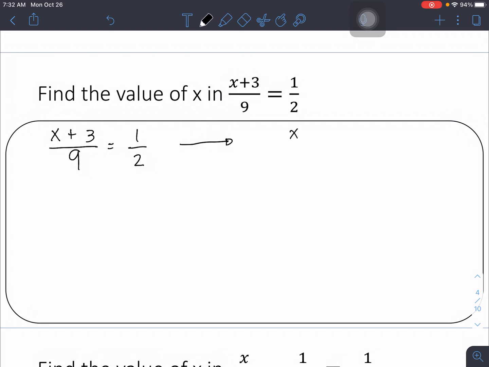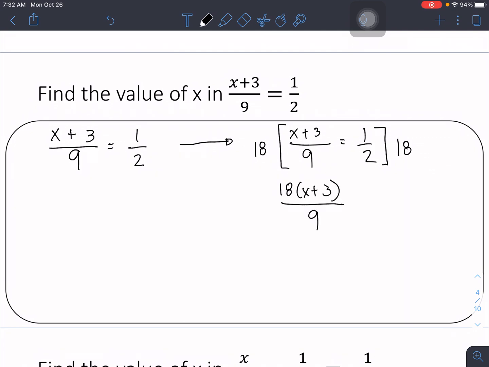So that will be (x + 3)/9 is equal to 1/2. Multiply both sides of the equation by 18. So this will be 18 times (x + 3)/9 is equal to 18 multiplied by 1/2.